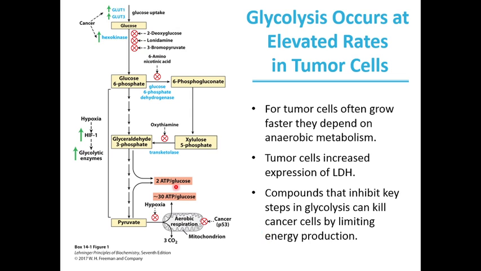And hence, compounds that inhibit key steps in glycolysis can kill cancer cells by limiting energy production. And hence, cancer cells die before even getting to angiogenesis, or before even getting oxygen from capillaries that grow towards them.